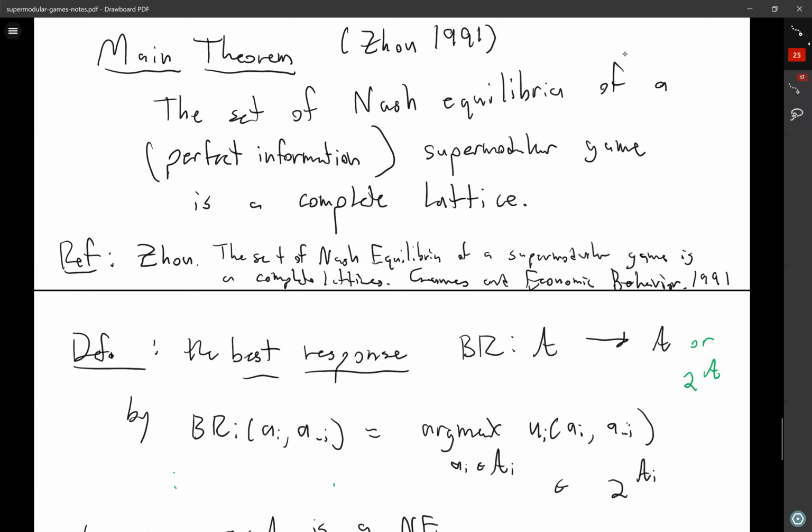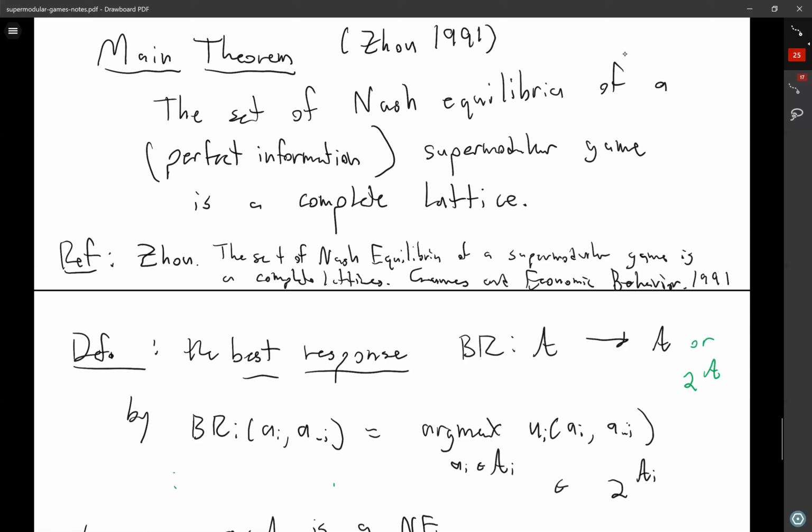And any two strategies that are a Nash equilibrium have a least upper bound and a greatest lower bound. So this gives us a nice way of moving between Nash equilibria and understanding the underlying structure of what these equilibria are in our game.